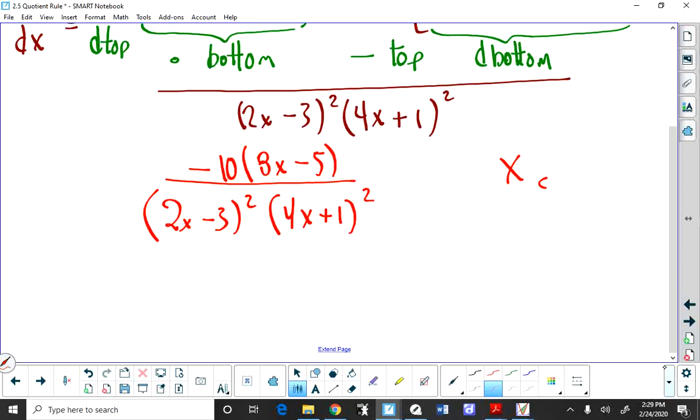There are these values of x which we call critical. They're critical values of x because they do one of two things. They make the derivative equal to 0, like 5/8 does, because if the top of that expression is 0, the derivative is 0. Or critical values of x are also values of x that make the derivative not defined, like negative 1/4 and positive 3/2.